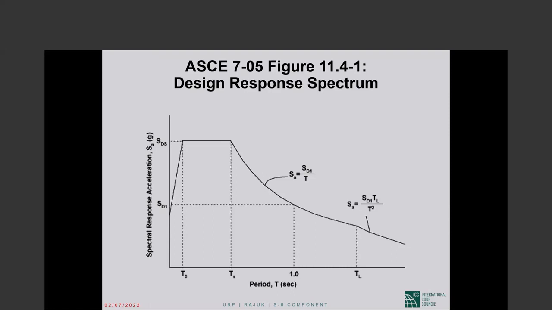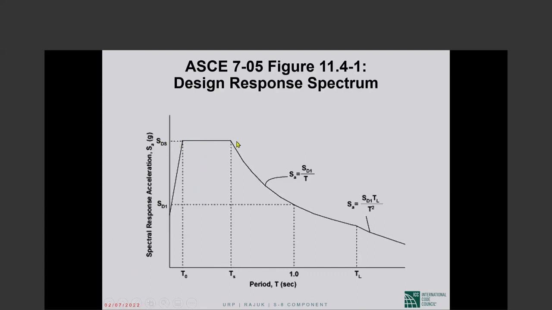So the design spectrum of AC7 is defined by a flat top, which in turn is defined by S sub DS. S sub DS is the ordinate to the design spectrum at a period of 0.2 second.